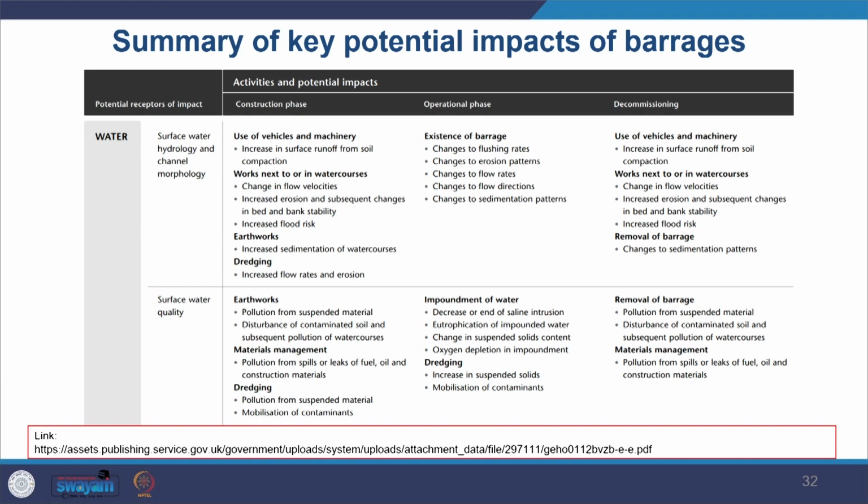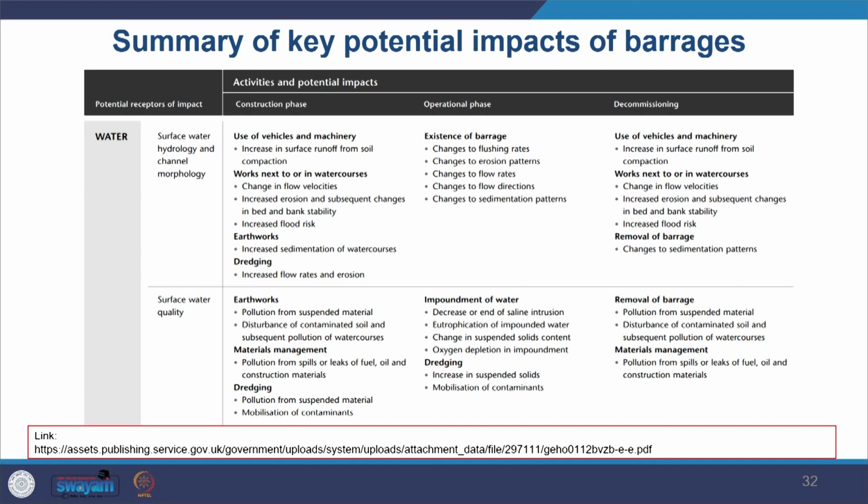You can also use it to identify different impacts on land, like landscapes, soil, geology, and what can happen during the construction phase. You can have creation of new landforms, you can have visual impact.